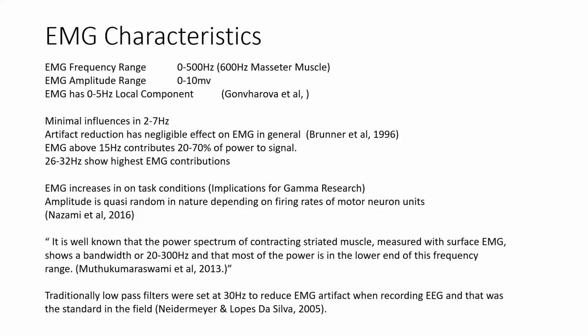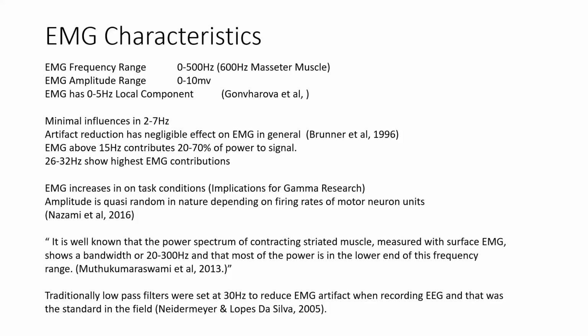The problem is that once you start using surface electrodes, you become really overwhelmed by millivolt range EMG when you're trying to measure microvolt range EEG. And that's what calls into question this surface gamma measurement activity that's been done in the research.